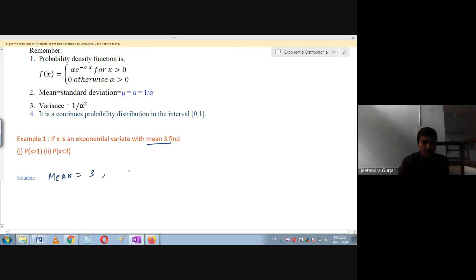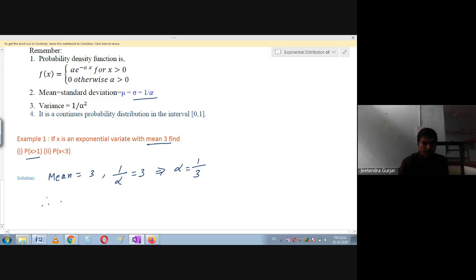But we know already what the mean is. Mean is nothing but, student, 1 upon alpha. So 1 upon alpha is 3, which implies alpha is the reverse of this, 1 divided by 3, students. Now remember the exponential distribution formula immediately. Definitely x is greater than 0, so both are x greater than 0.